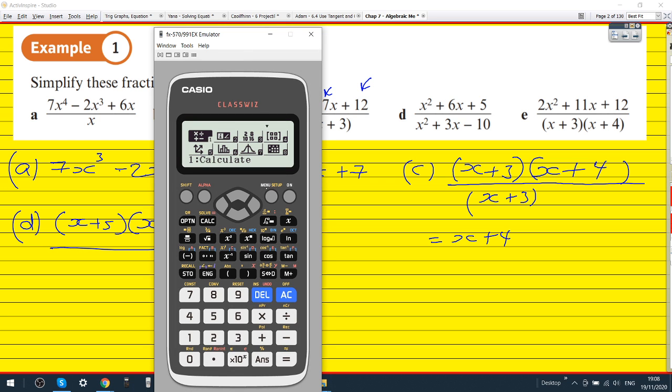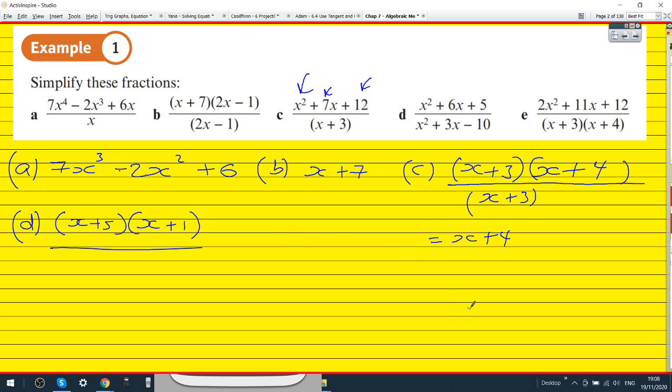Calculator. Equation. Polynomial. Degree 2. So the top one, 165. We got minus 1 and minus 5. So x equals minus 1 or x equals minus 5. So would it be x plus 1, x plus 5?